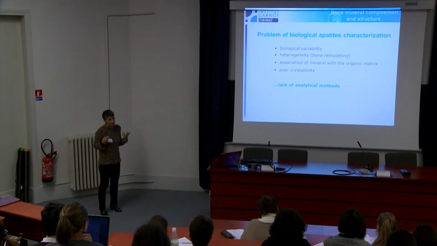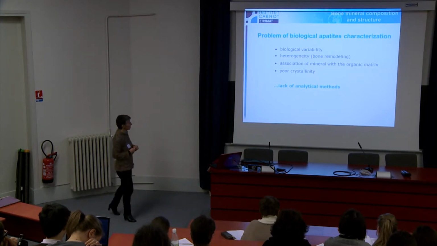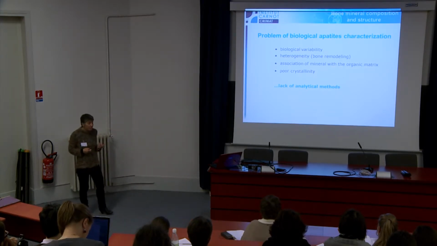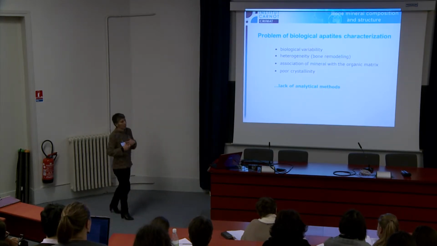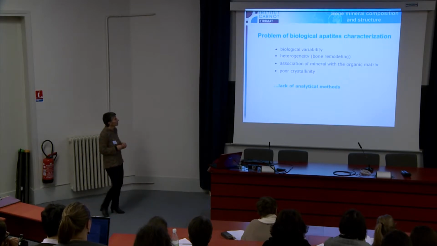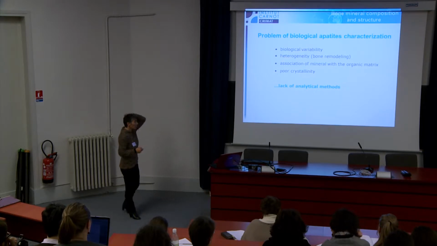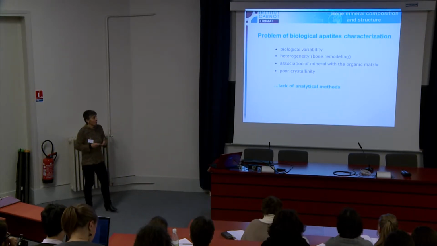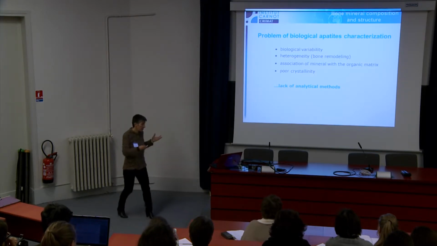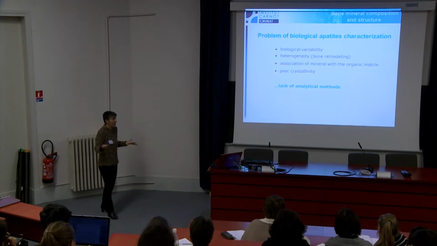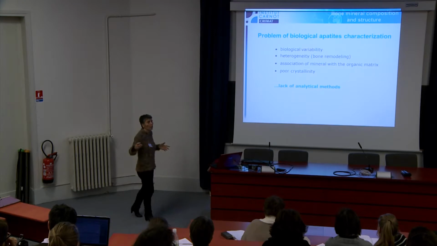So there is really a problem of characterization of these biological materials, because there is biological variability depending on the origin of the bone, the species, the age, and several other characteristics. This is also a heterogeneous material, because during aging there is remodeling of bone all along our life.